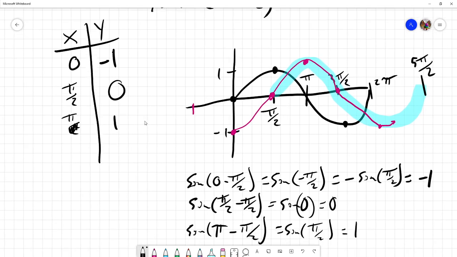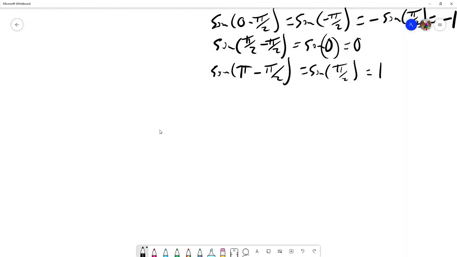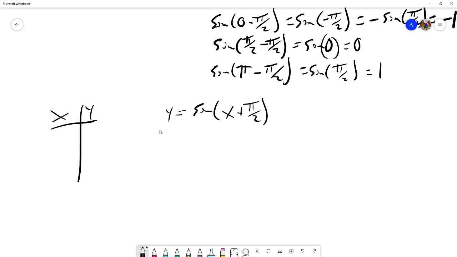So suppose we had sine of x plus pi over 2. Okay, so here's x, here is y. If I plug in 0, that's the same thing as sine of pi over 2.